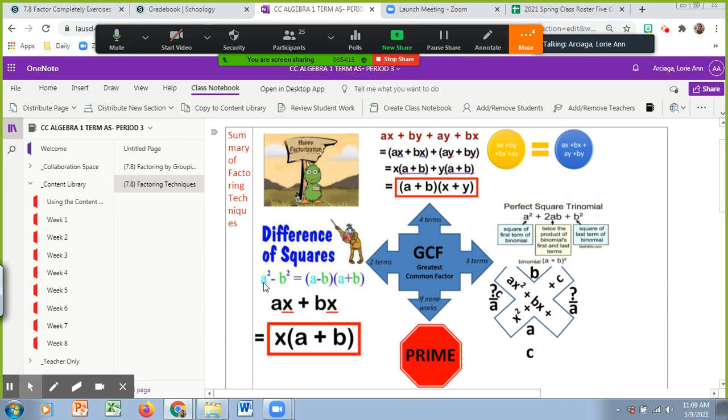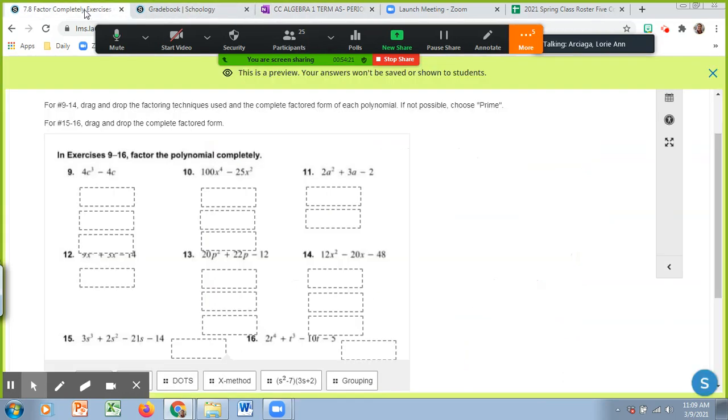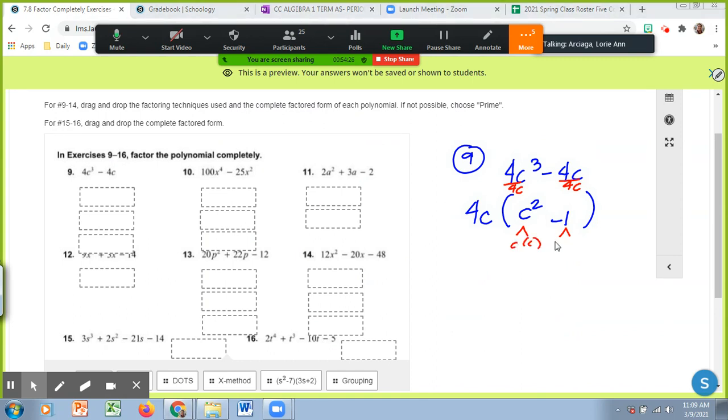A squared becomes A and A, and then B squared becomes whatever gets multiplied by itself. Okay, so C and C, 1 and 1, very good. So C, C, negative 1, positive 1. And once you have that, very good, Luis, you don't have to show it like that. You can just have it in your head. So your answer will be 4C, you put the first group together, C minus 1, and then the next group, C plus 1, and there you have it.